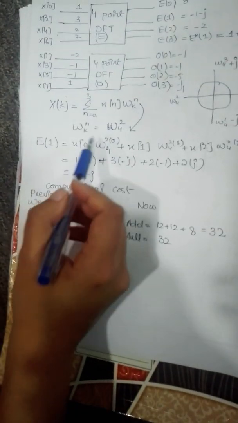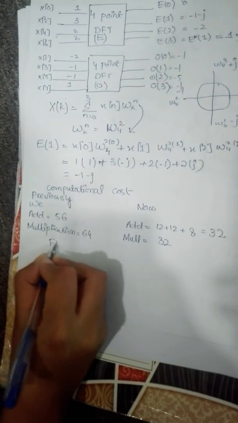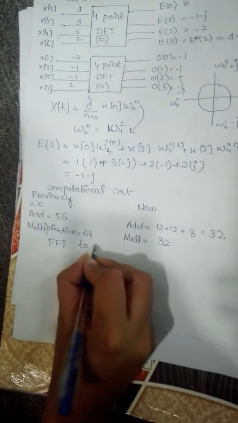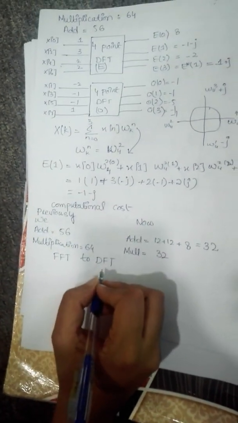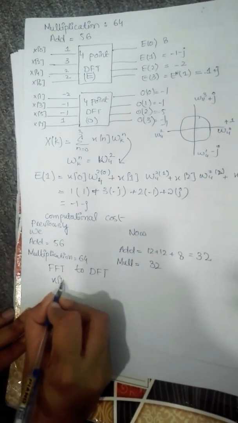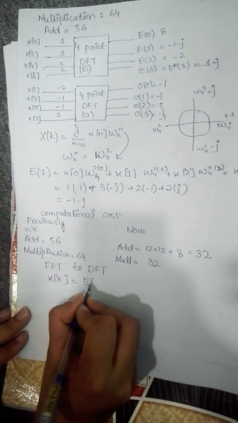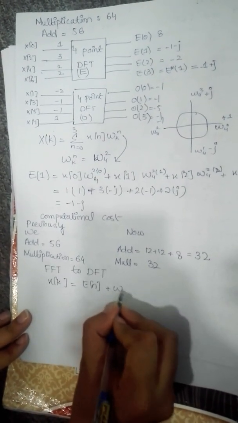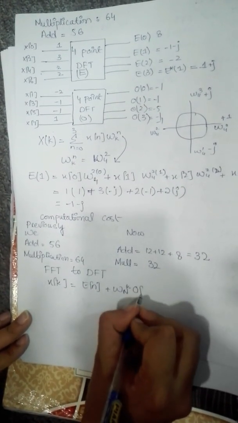And if we want to go from the even and odd sequences to the full transform, we can use our simplest formula, that is X of k is equal to E of k plus W of 8, k times O of k.